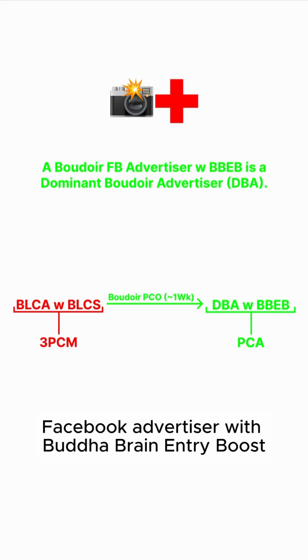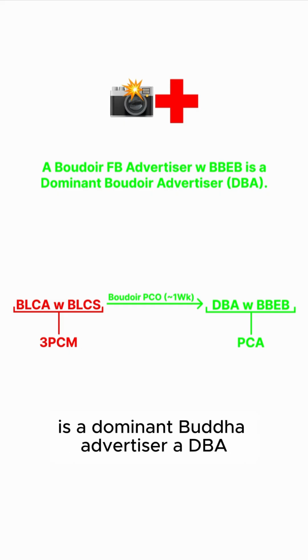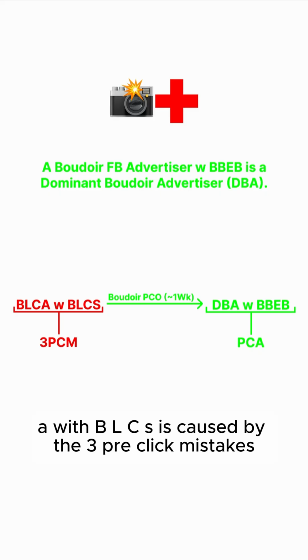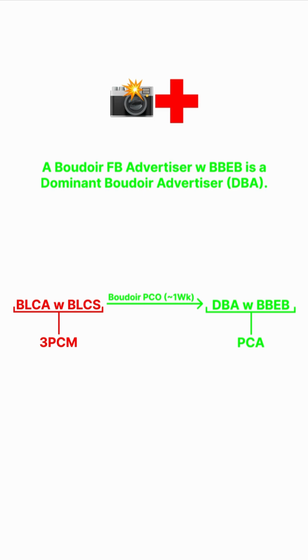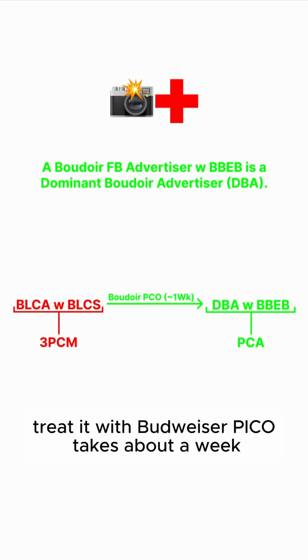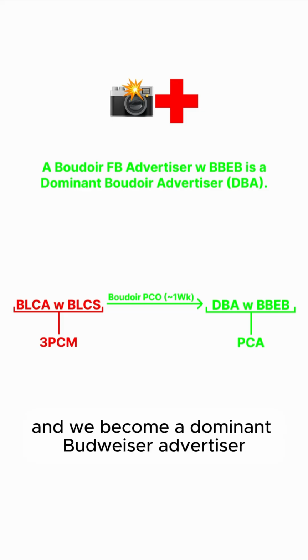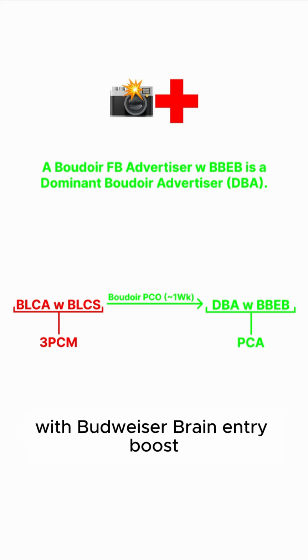And a Boudoir Facebook advertiser with Boudoir brain entry boost is a dominant Boudoir advertiser, a DBA. So this is our full universe here. A BLCA with BLCS is caused by the three pre-click mistakes, easy to treat with Boudoir Pico, takes about a week. We achieve pre-click alignment, and we become a dominant Boudoir advertiser with Boudoir brain entry boost.